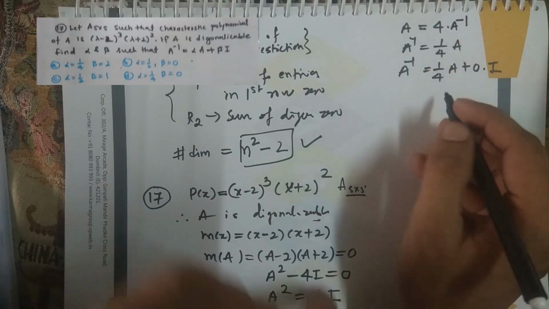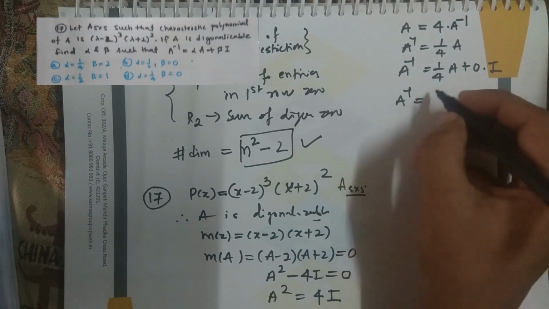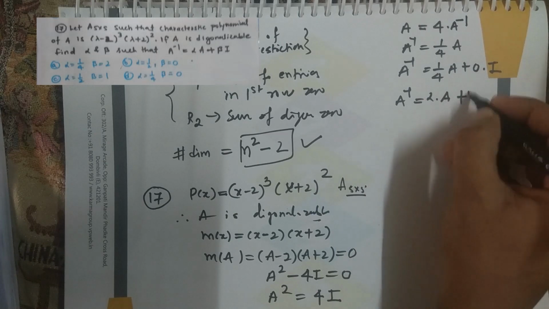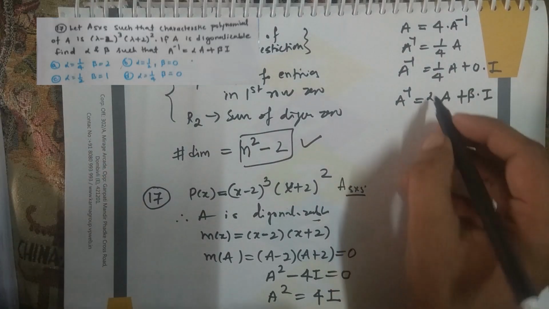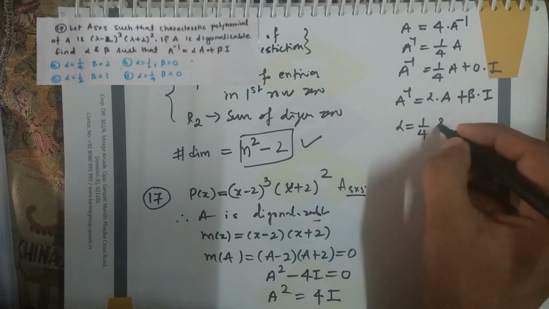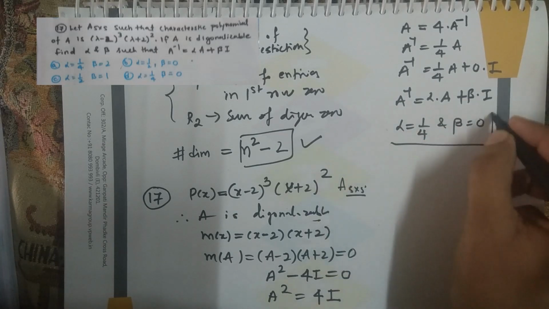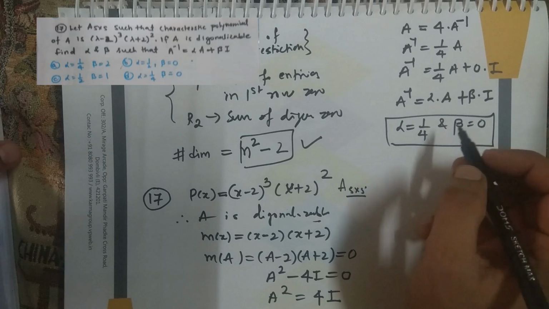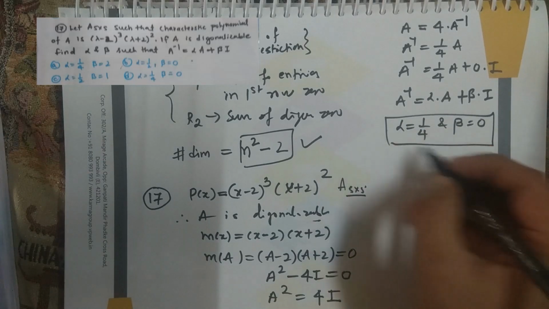If I compare with A inverse equals alpha times A plus beta times identity, I will get alpha equals 1 by 4 and beta equals 0. So which answer will be correct? Answer D will be correct.